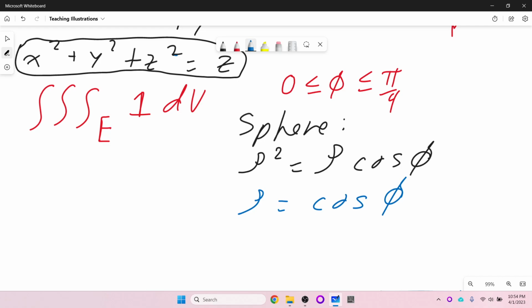Well, that's also an expression that does what we need. If we are in this cone and under the sphere, saying that every point in here, if we were to pick a direction and follow it out, rho can be any distance. Rho is the distance we are along this ray. When we hit the edge, rho equals cosine of phi.